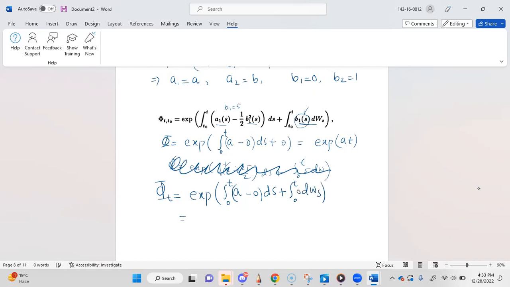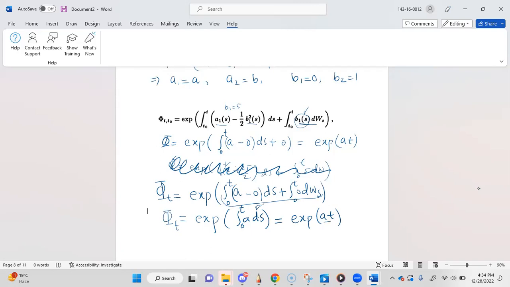So you get x, which is equal to exponential of a t, from t to t0, which is equal to exponential of a t. The e to the 0 is just 1. I've just simplified this. It is coming here, and then just simplify this. It is coming here.